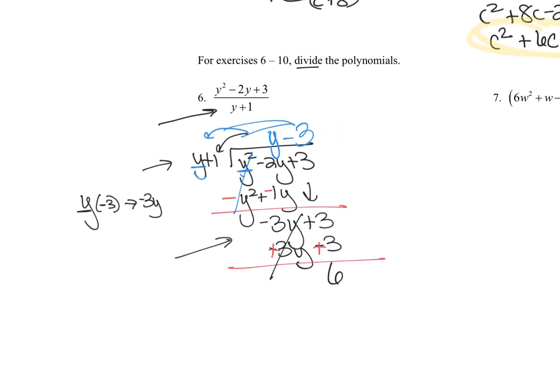So to write your answer, you're going to have the quotient, y minus 3, plus the remainder, 6, divided by your divisor, which is y plus 1. And again, if you wanted to check yourself, look at the example above, you would remultiply the divisor by the quotient and then add to it your remainder.